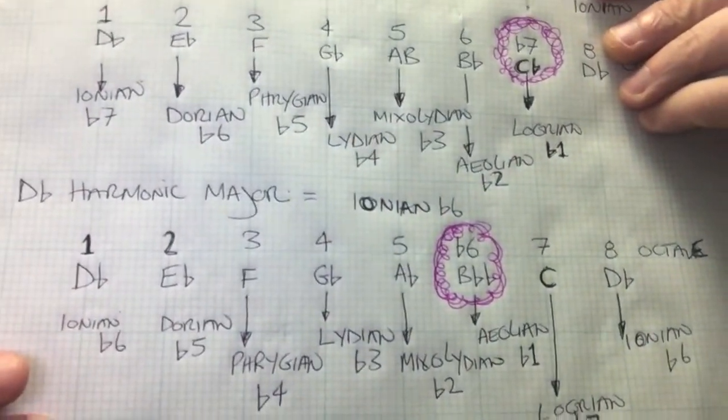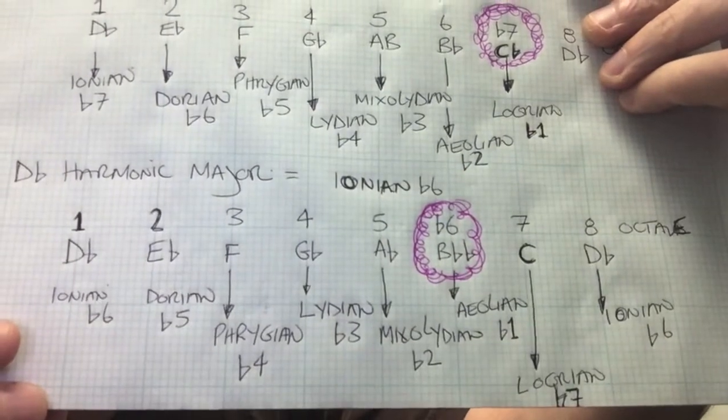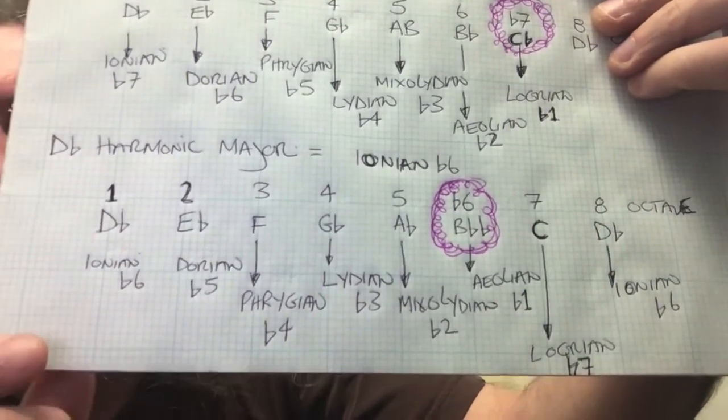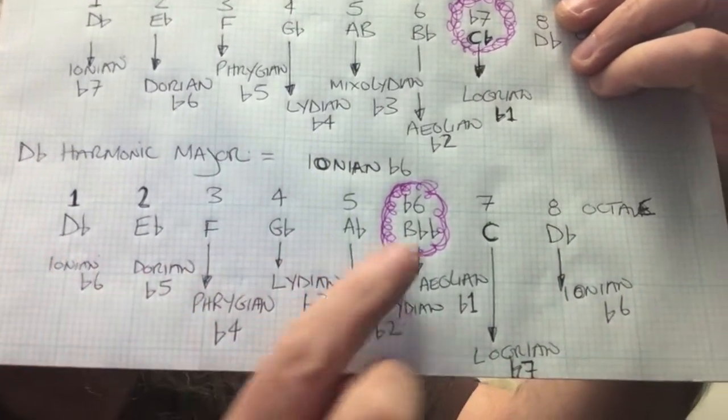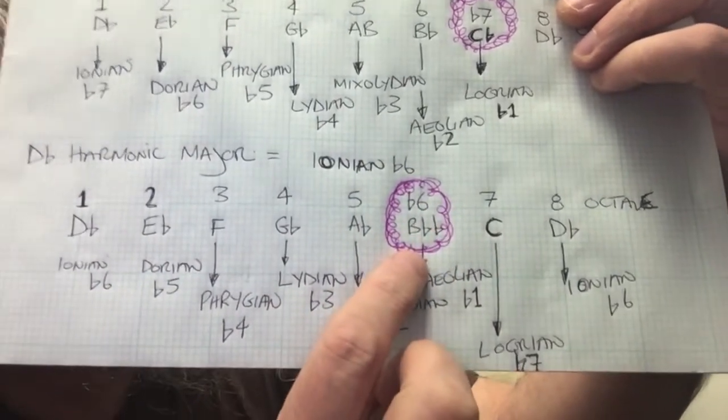Okay, so now I've filled in the bottom one, and what we've got here now is the D flat harmonic major scale, which is basically a D flat major with one note difference, which is a flat 6.